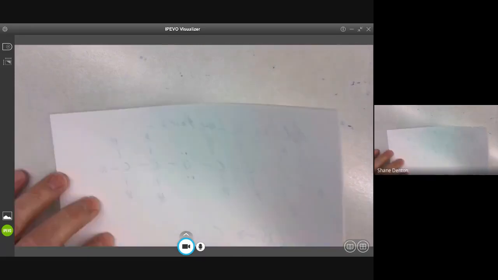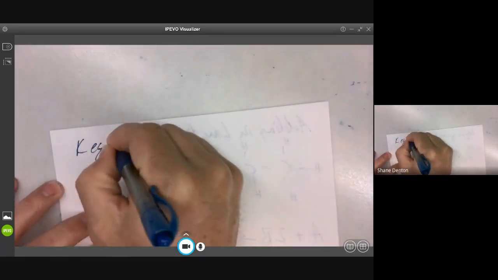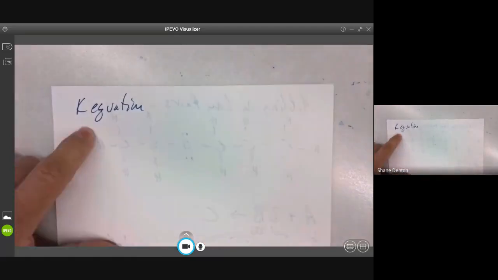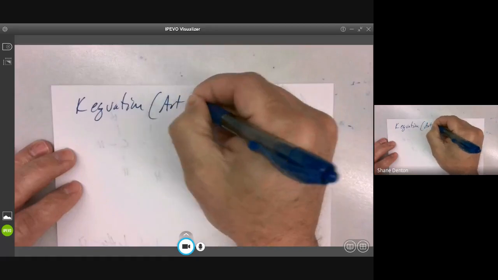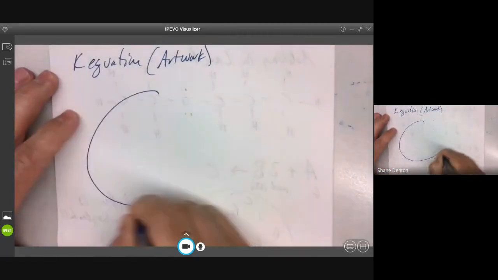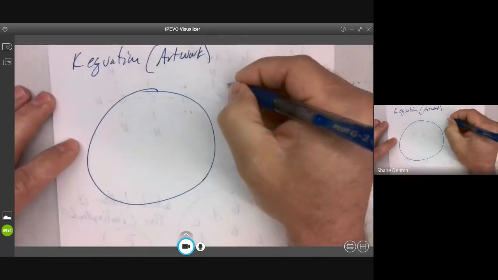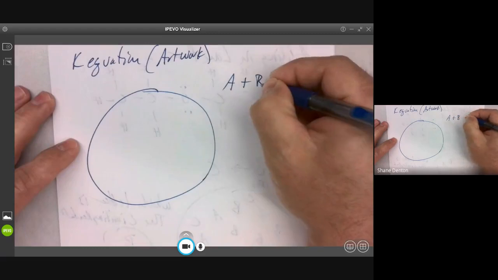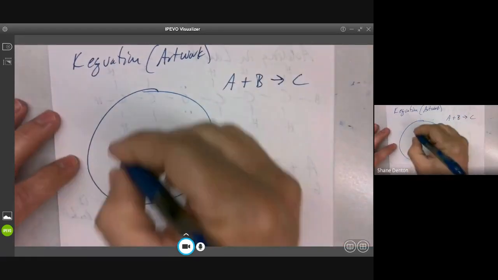All righty. They have one other artwork question in it. It is a K equation. This is also an artwork question. And it was something like this. Let's say I've got A plus B yields C, right?